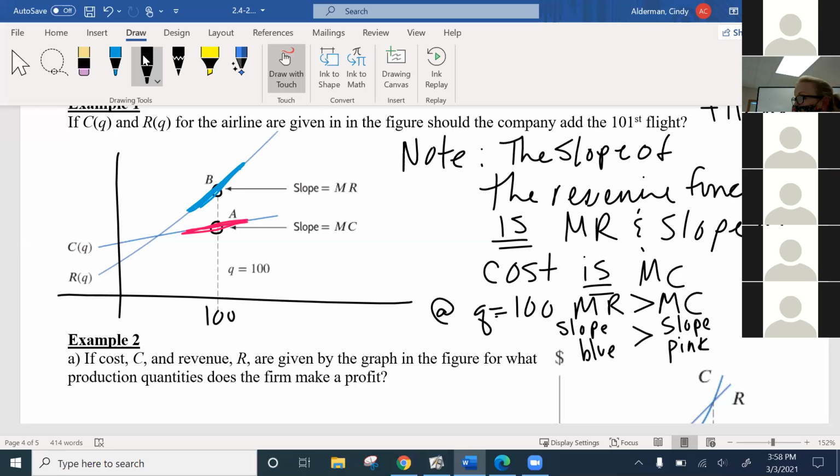Based on what I said earlier, if marginal revenue is more than marginal cost, then you should go ahead and add another flight. So don't think that you have to look at 101. You're looking at Q at that particular point on the graph. If the slope of the marginal revenue function is steeper than the slope of the other function, then you're good. You should go ahead and do it.